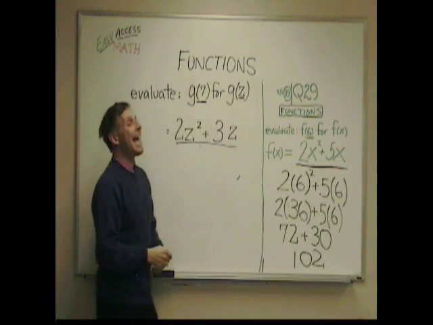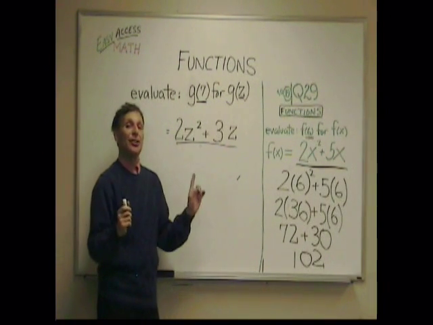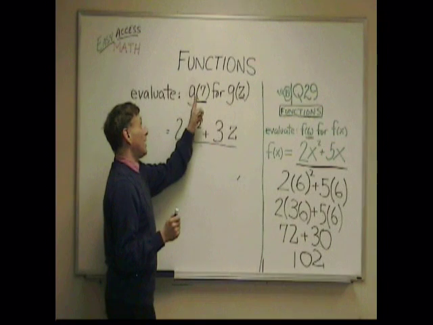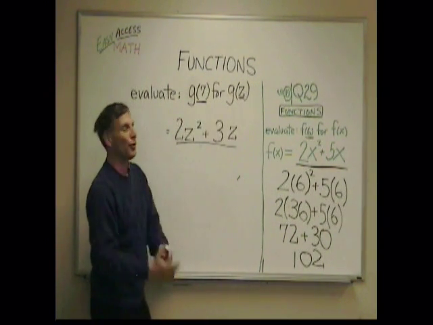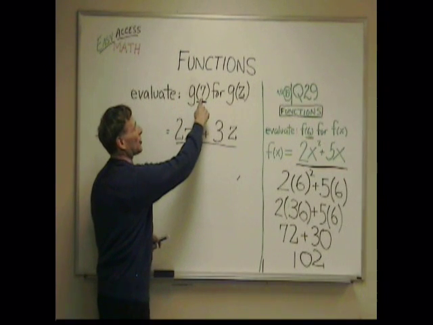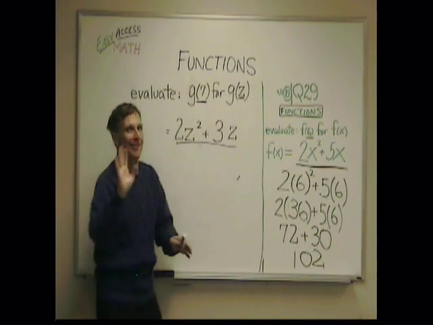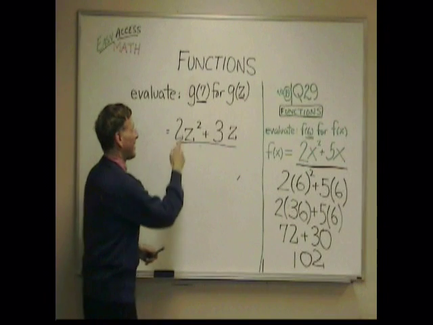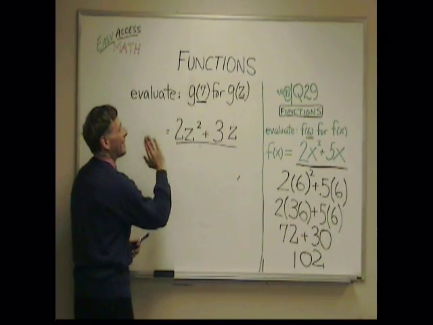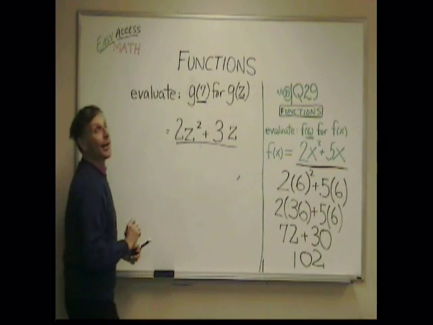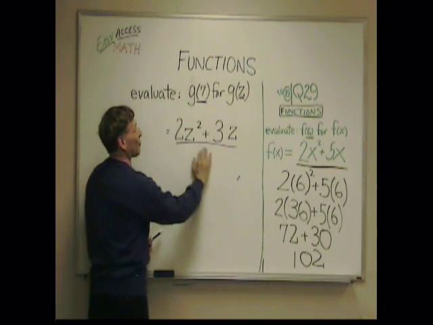Anywhere in this expression I see a z, I'm going to substitute what I was told in the question, the 7. Remember, not the choices. The 7 will substitute for z anywhere the z appears in this expression.